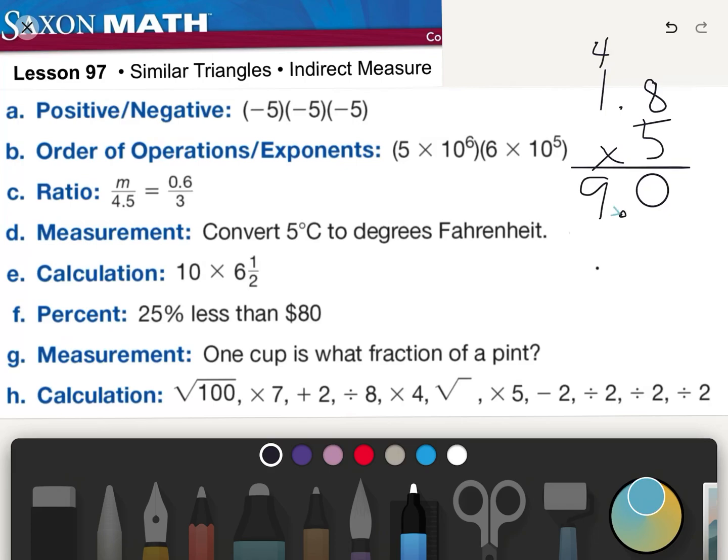Then we'll add our decimal. And then 32 plus 9 will get us 41 degrees Fahrenheit.